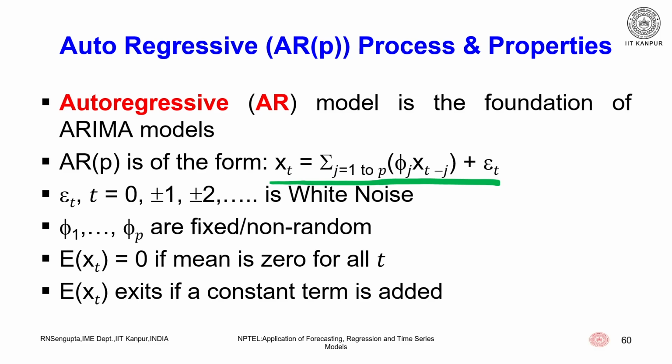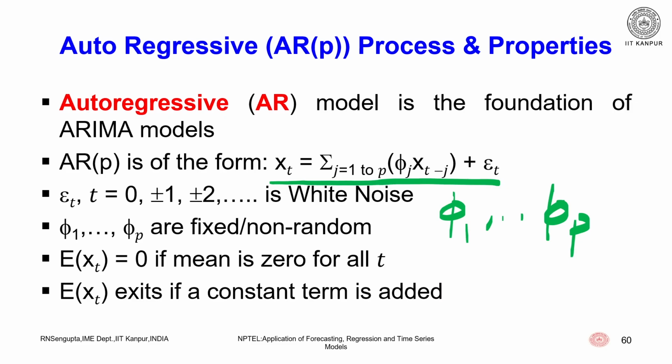The parameters are given by phi 1 to phi p, depending on p as the parameter, and it is auto-regressed based on the series which you have, taking one point at a time going into the future.